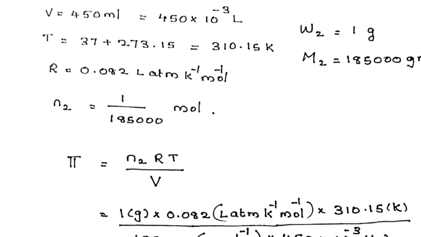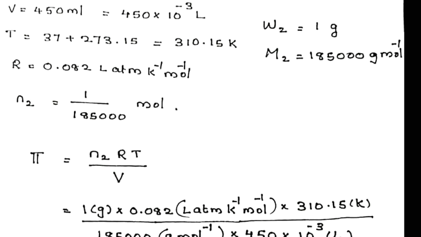We also have to find out N2. N2 is equal to W2 by M2, so W2 is 1 and M2 is 1,85,000, so N2 is equal to 1 by 1,85,000 mole.